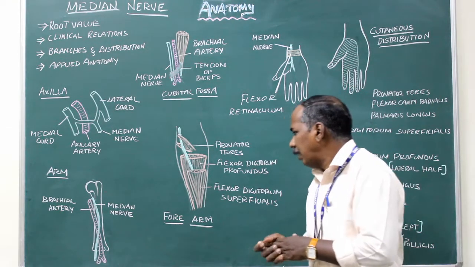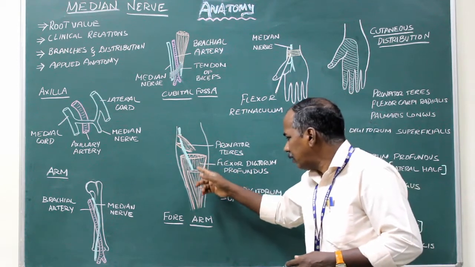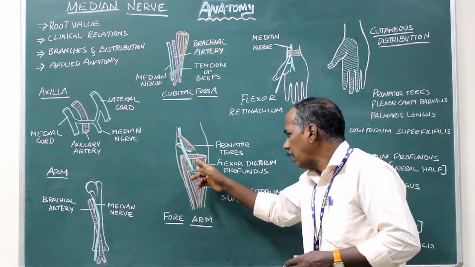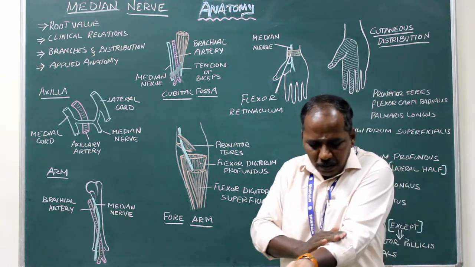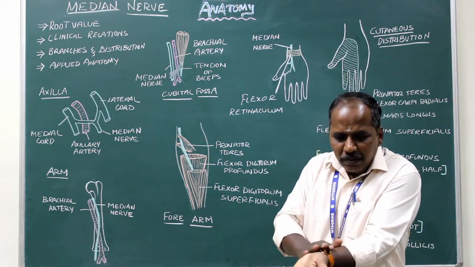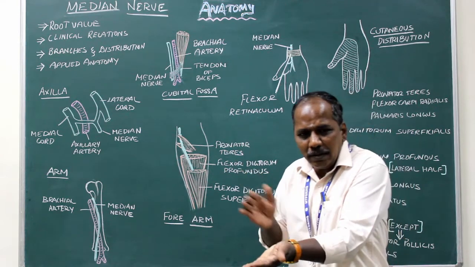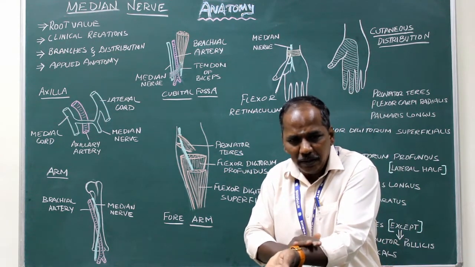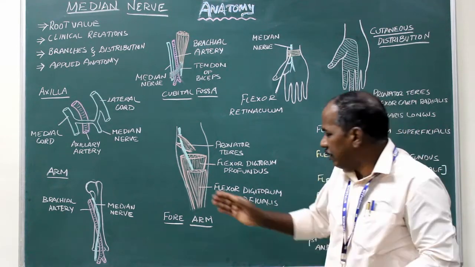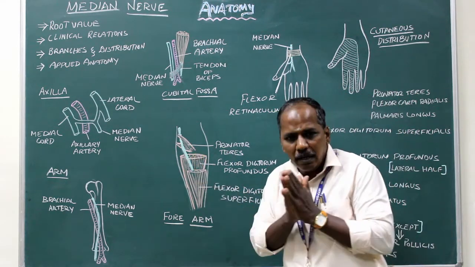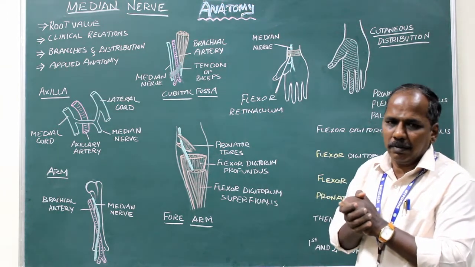Then, in the forearm, it descends between flexor digitorum superficialis and flexor digitorum profundus. You have two muscles, okay, flexor digitorum superficialis. If you take that muscle, you can see the flexor digitorum profundus. So it descends between the flexor digitorum superficialis and flexor digitorum profundus.